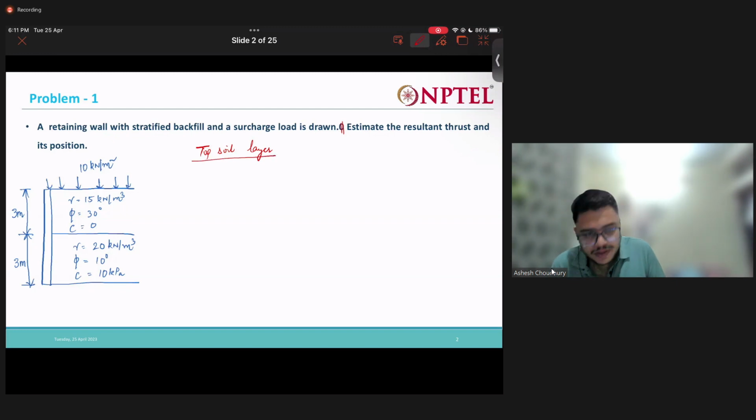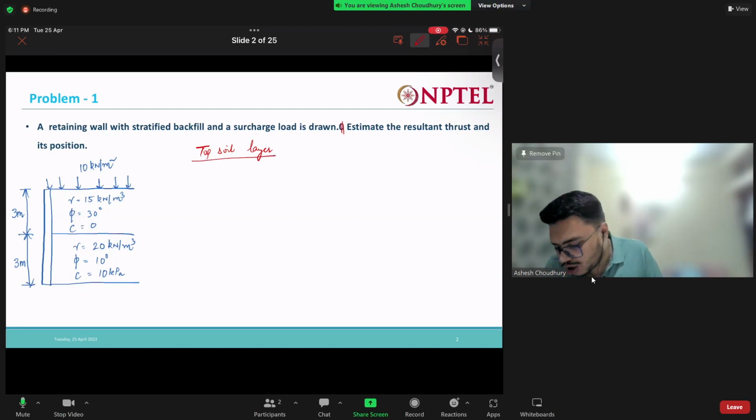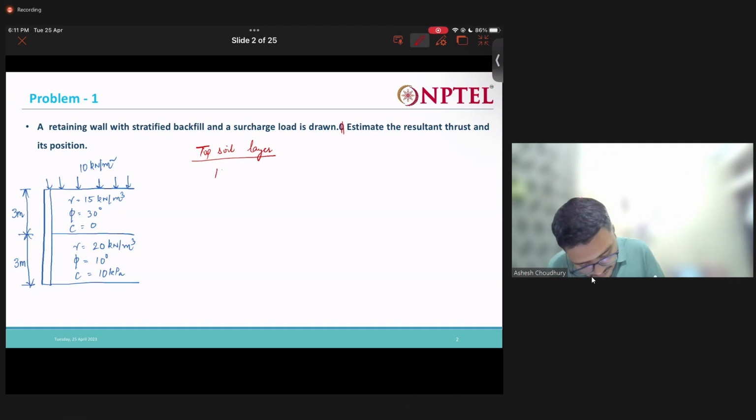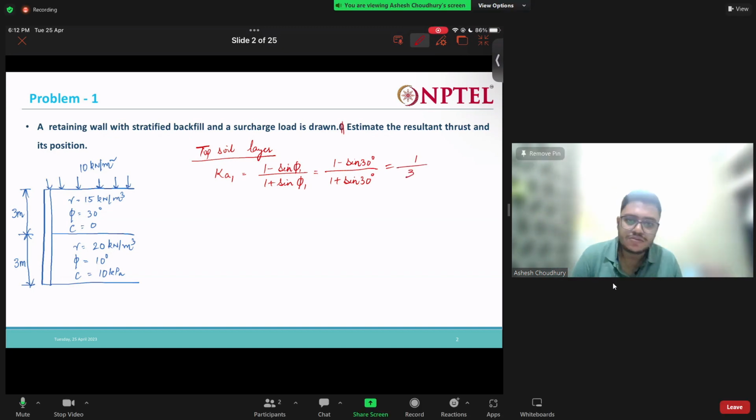For the top soil layer, we have Ka1 equal to (1 minus sine phi) over (1 plus sine phi), which is (1 minus sine 30 degrees) over (1 plus sine 30 degrees), equal to 1 by 3.